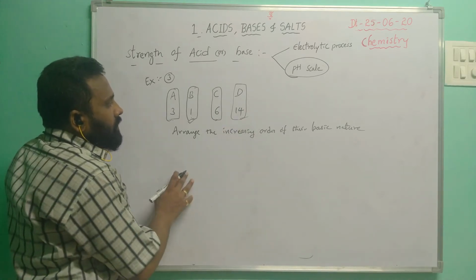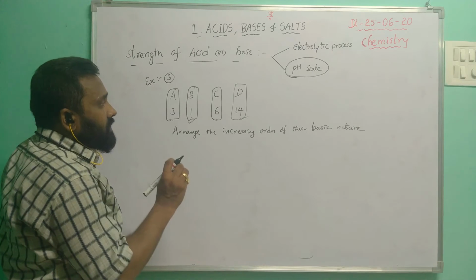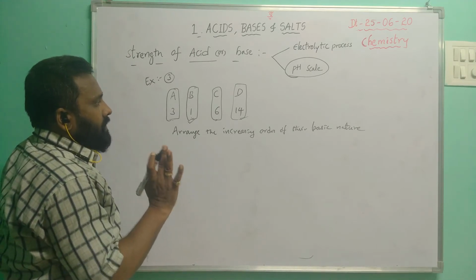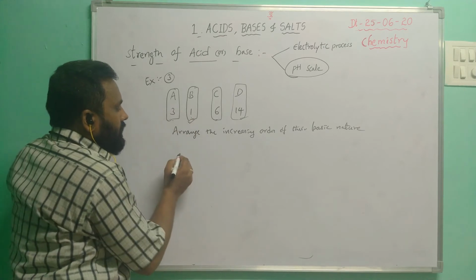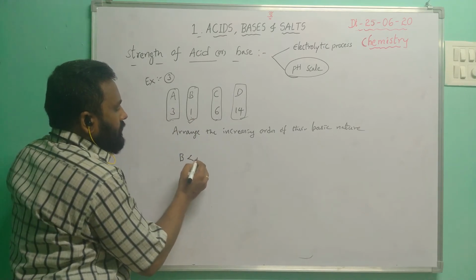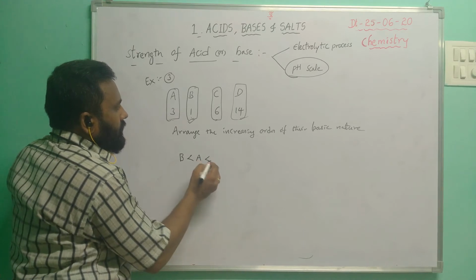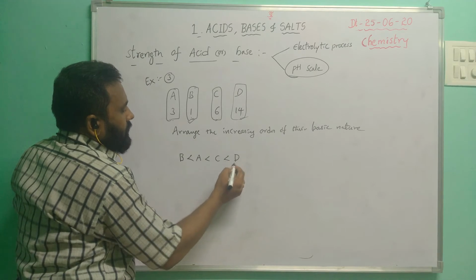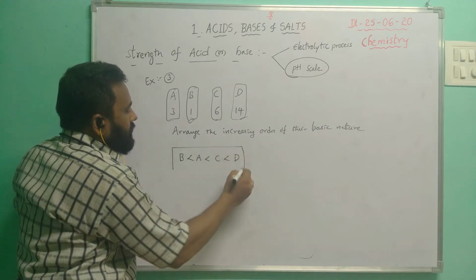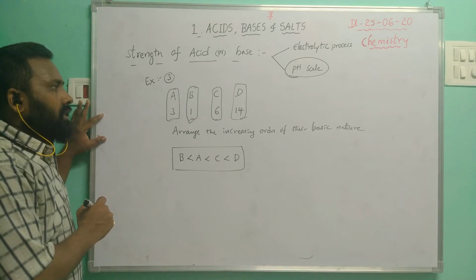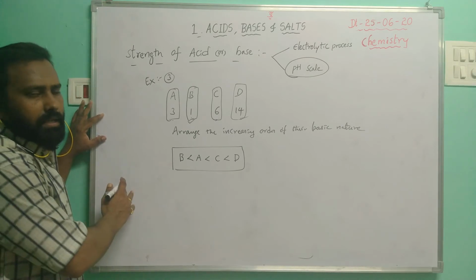So the increasing order is B, then A, then C, then D. This is the increasing order of the basic character of these samples.